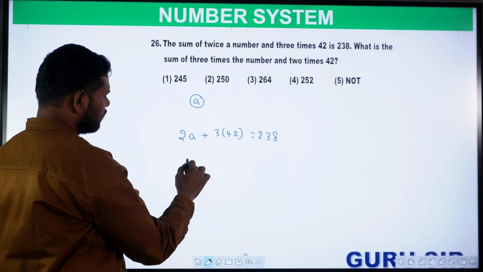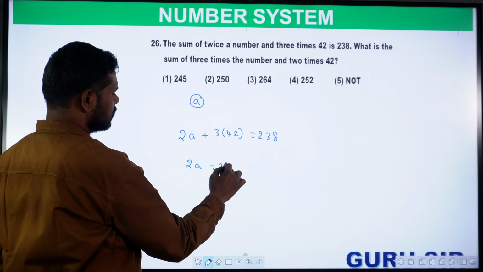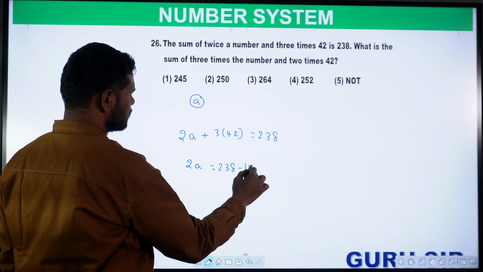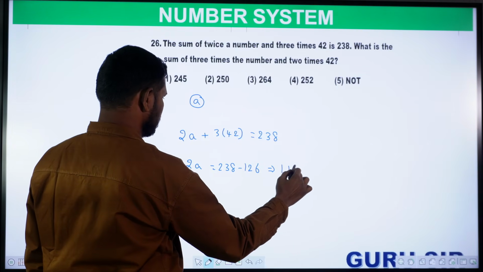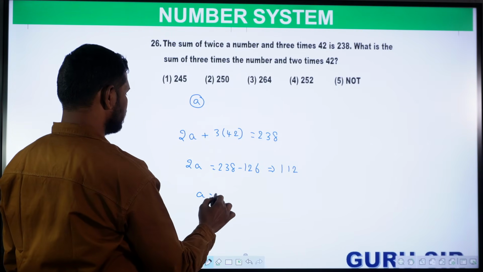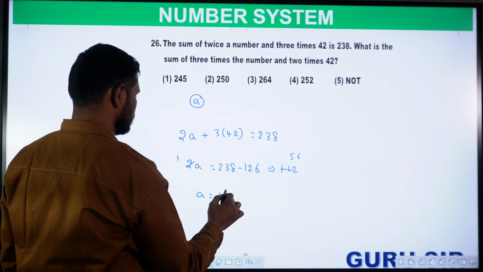In the question itself we find the a value. 2a plus 42 into 3, 126. So 238 minus 126 is nothing but 112. a value equals 2 ones, 2 fives, 6, 56.